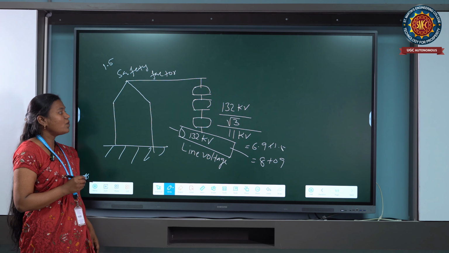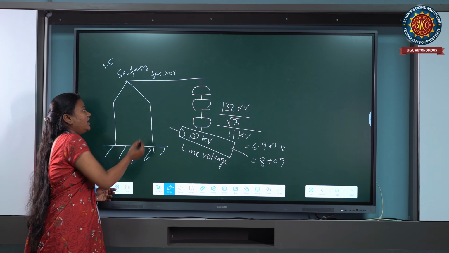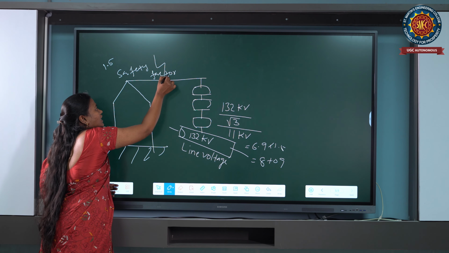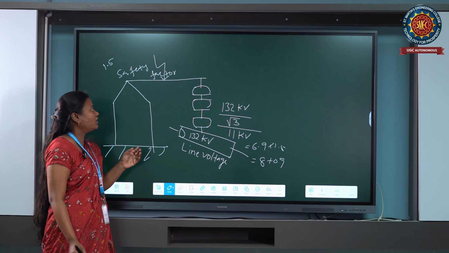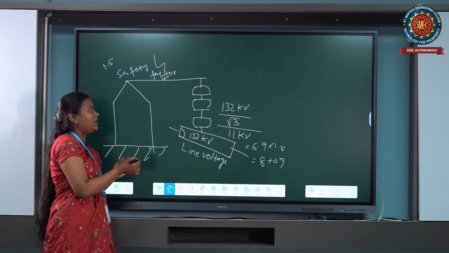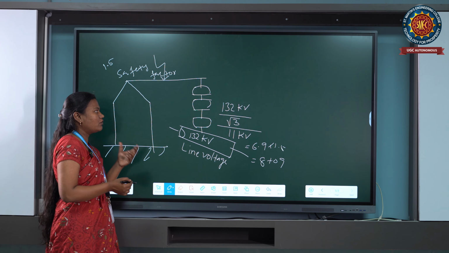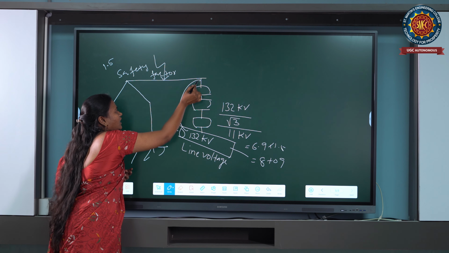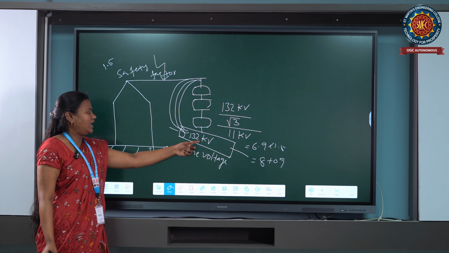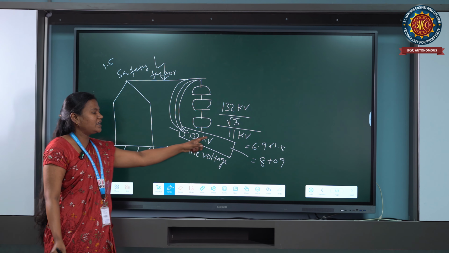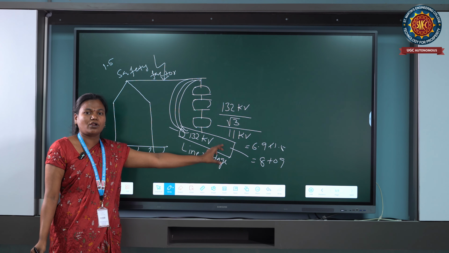Now, how will line to ground faults occur? When over voltages occur due to lightning in the monsoon season, flashover or over currents and over voltages will fall directly on this 132 kV conductor. Since the tower is connected to the ground, we get line to ground faults.